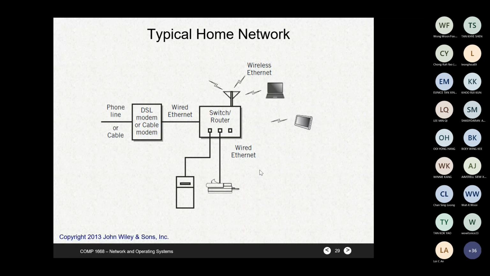For example, your TV, your phones, your laptop, desktop, and maybe a few other gadgets, a watch for example, are all connected to your Wi-Fi. That's what we call a typical home network. You just need to think about whether they are connected through wired or wireless.